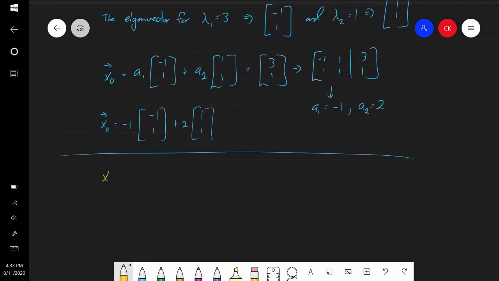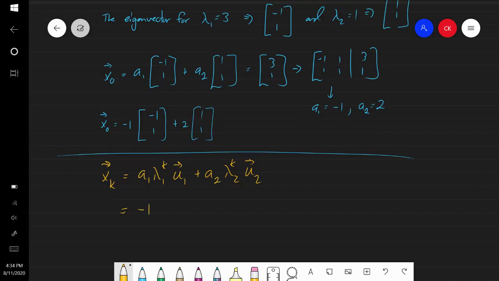It says that x sub k is going to be equal to a1 lambda 1 to the k u sub 1 plus a2 lambda sub 2 to the k times u sub 2. So starting to plug in all those values, we had a1 was -1.